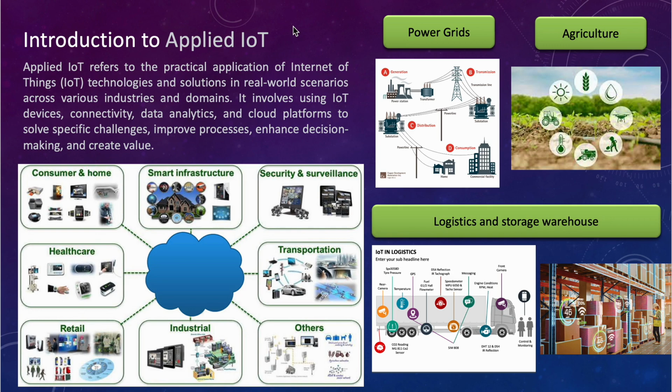So again, applied IoT refers to the practical application of Internet of Things technologies and solutions in real world scenarios across various industries and domains. It involves using IoT devices, connectivity, data analytics, and cloud platforms to solve specific challenges, improve processes, enhance decision making, and create value. Right. So now, what IoT or applied IoT is is clear.